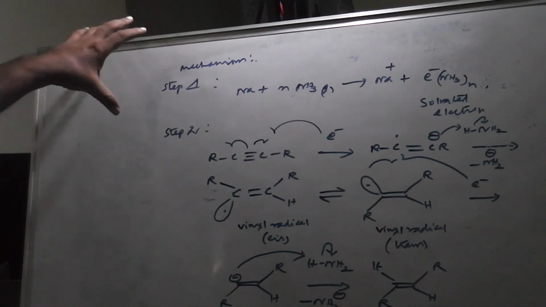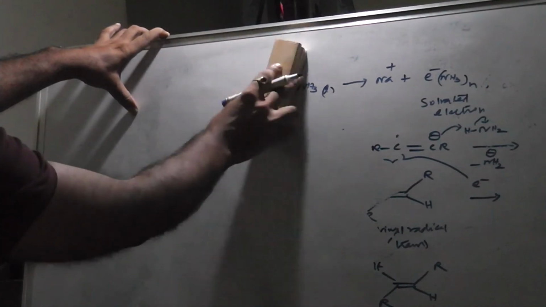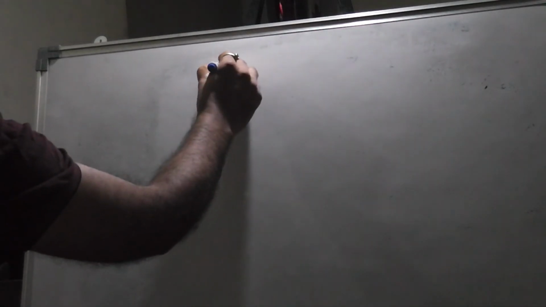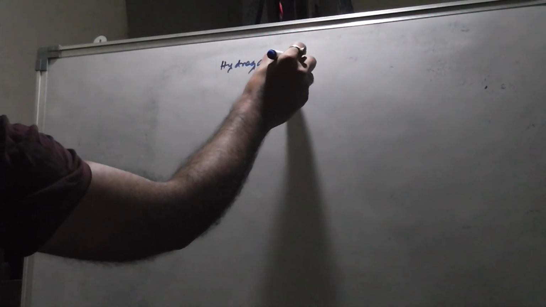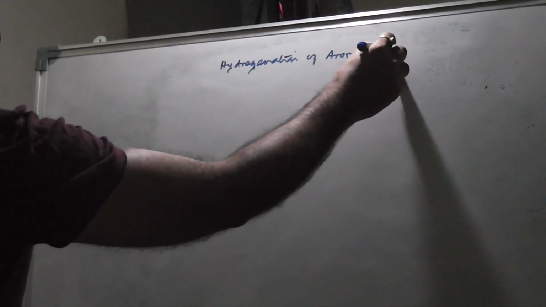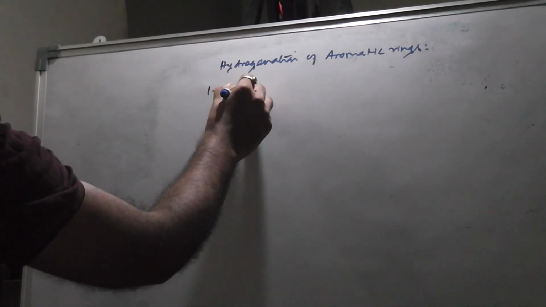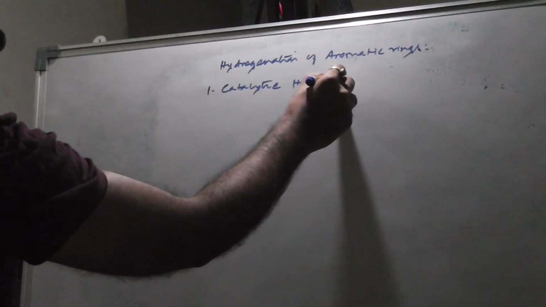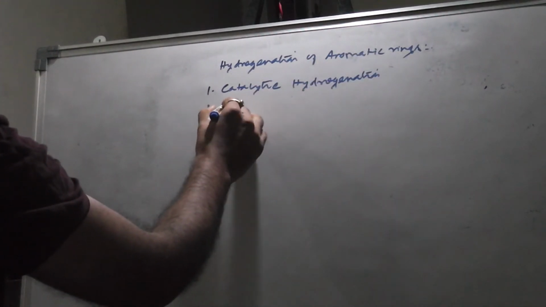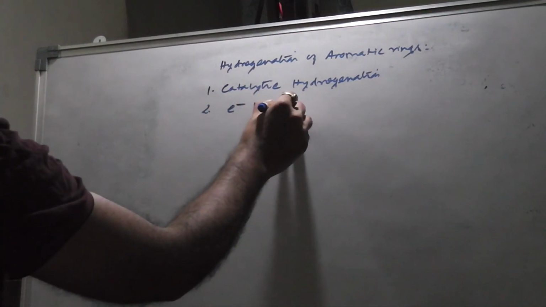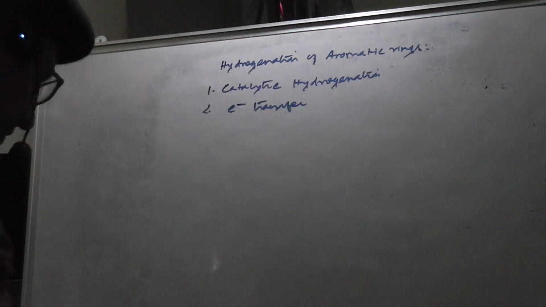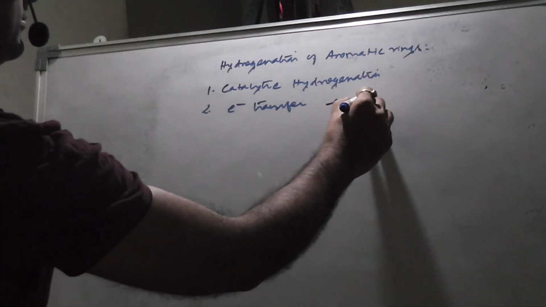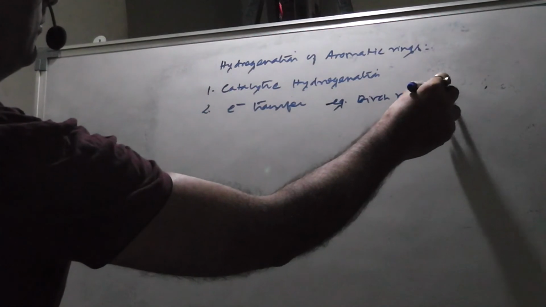Next, hydrogenation of aromatic rings. Two ways are there: catalytic hydrogenation, and alkali metal reduction, that is electron transfer reduction, for example Birch reduction.